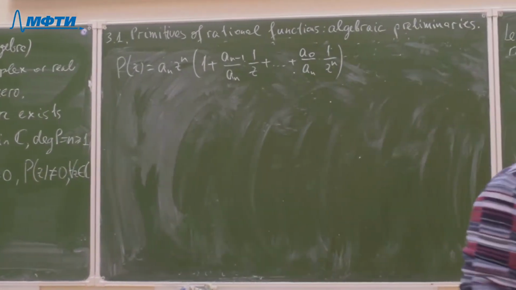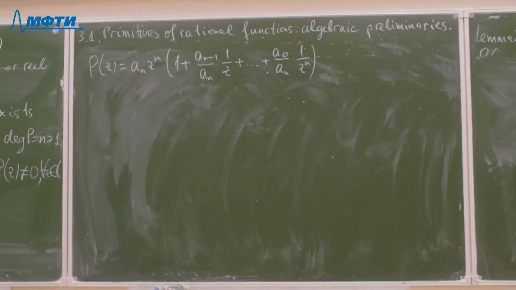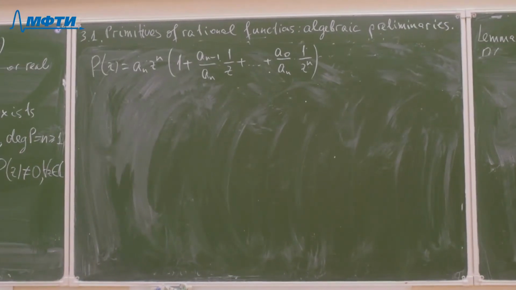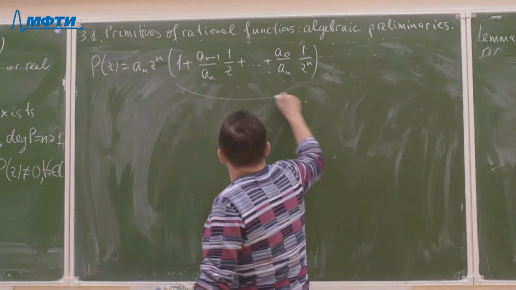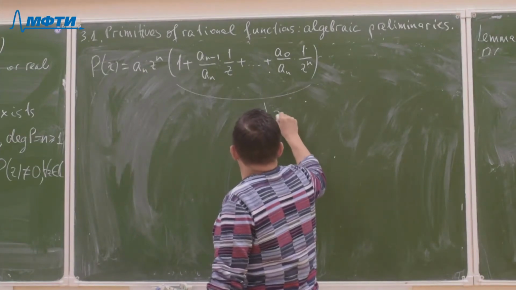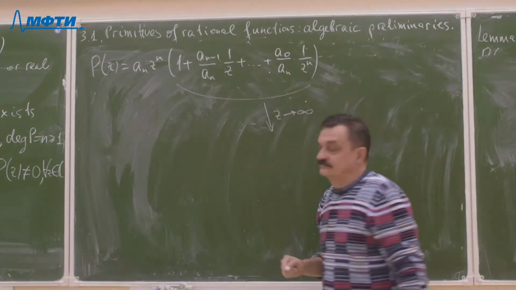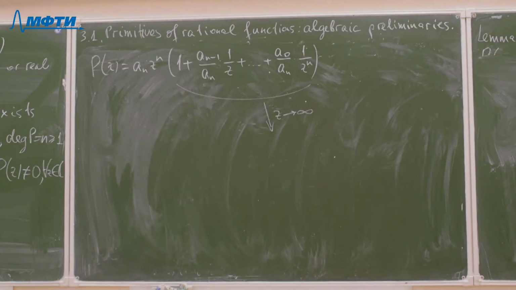And now, here is the first thing which is officially not known to you, namely, look, I want to look at the limit as z tends to infinity. We didn't consider complex infinity yet, right?